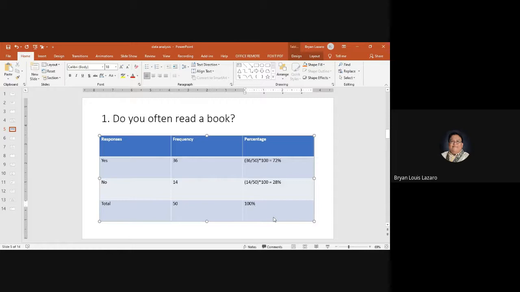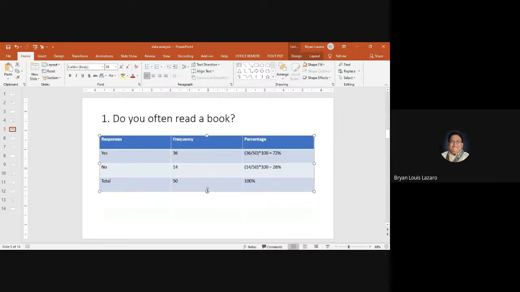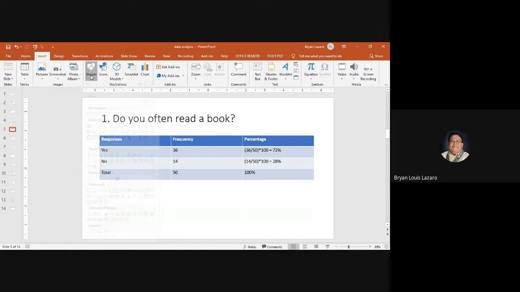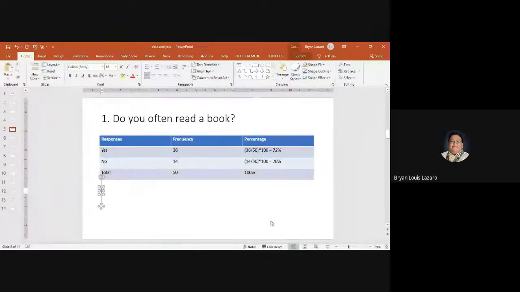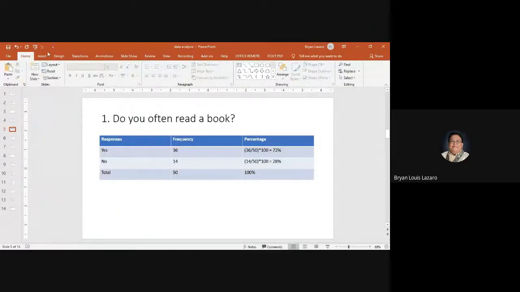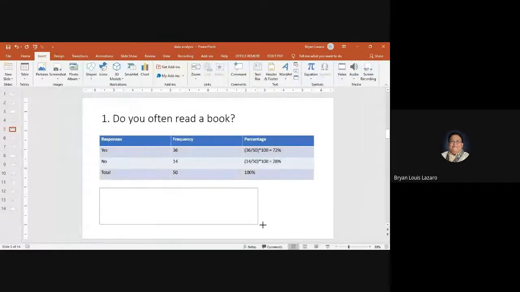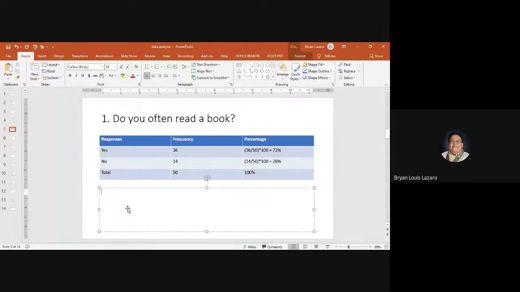Okay? So, yes or no, ganyan yan. Usually, kapag ni-report nyo yan, class ha, hindi porke nag-statistical na kayo, yun na yun. Maglalagay kayo ng text sa baba.